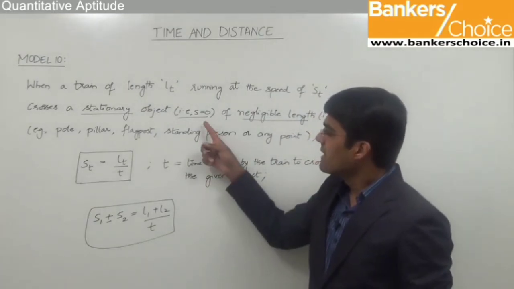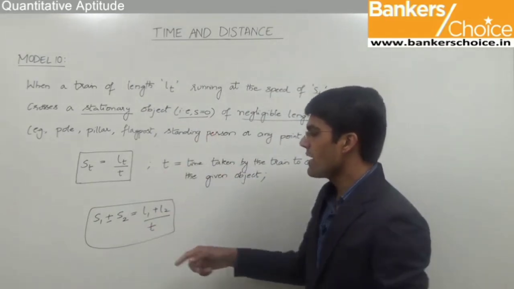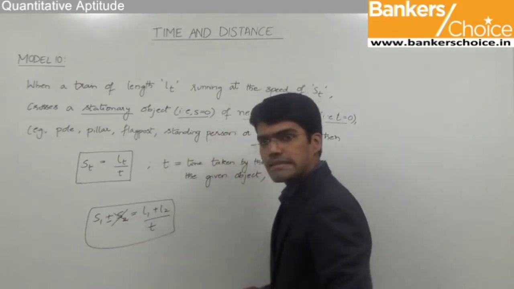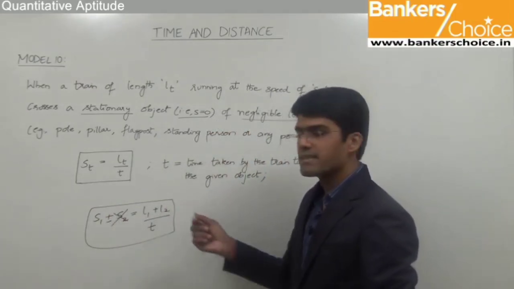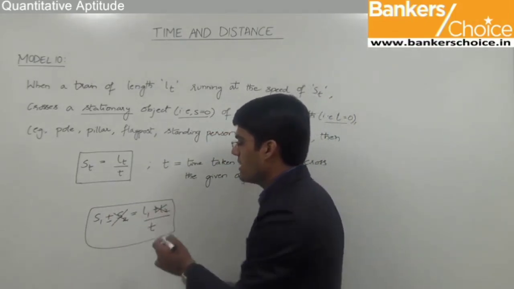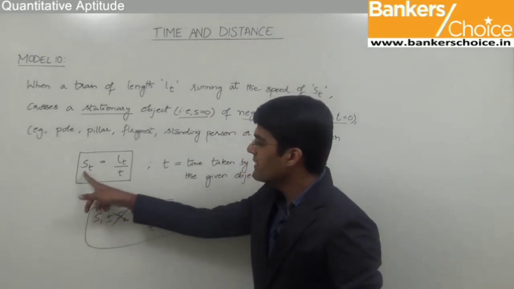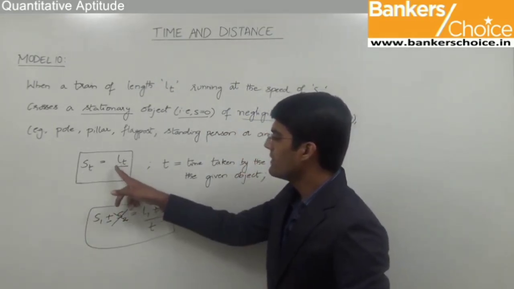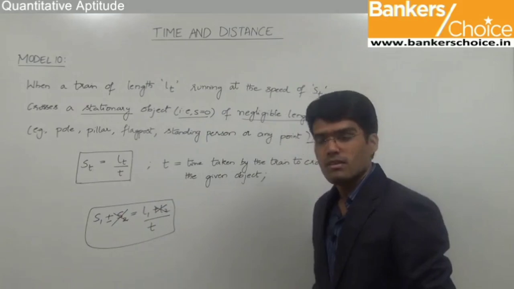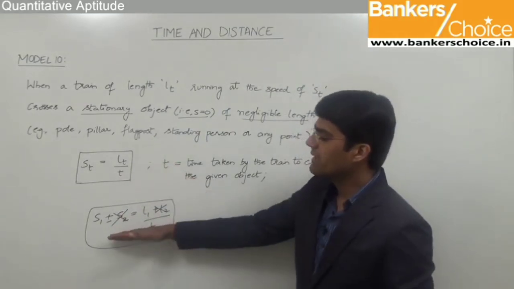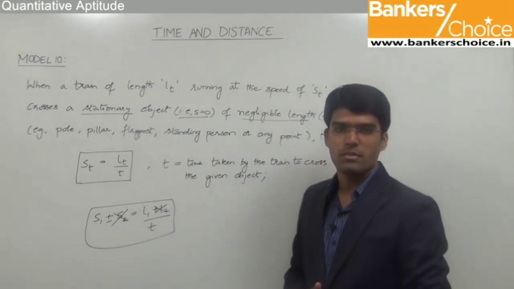Here, as you can see, the speed of the second body is 0. So S2 is 0 and hence it is neglected, and even the length of the second body is 0. So the equation is S1, that is speed of the train, equals L1, length of the train, divided by time. So this is only a special case of the equation that we have discussed in model number 8.